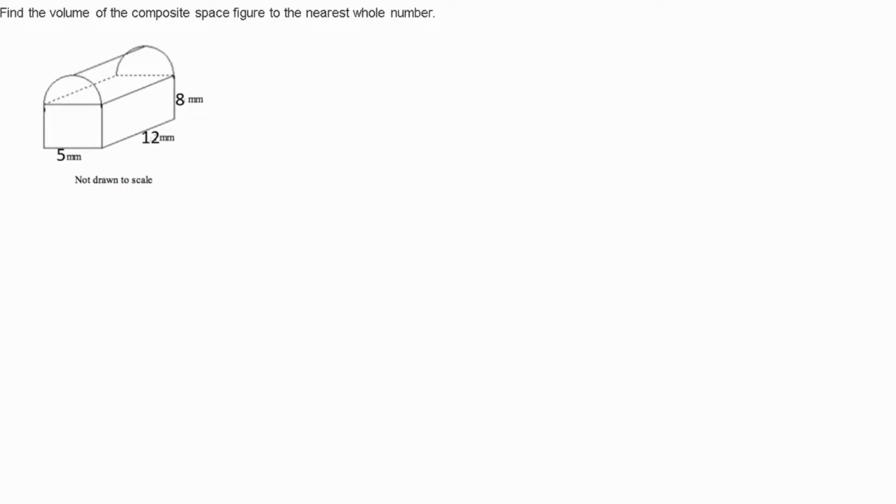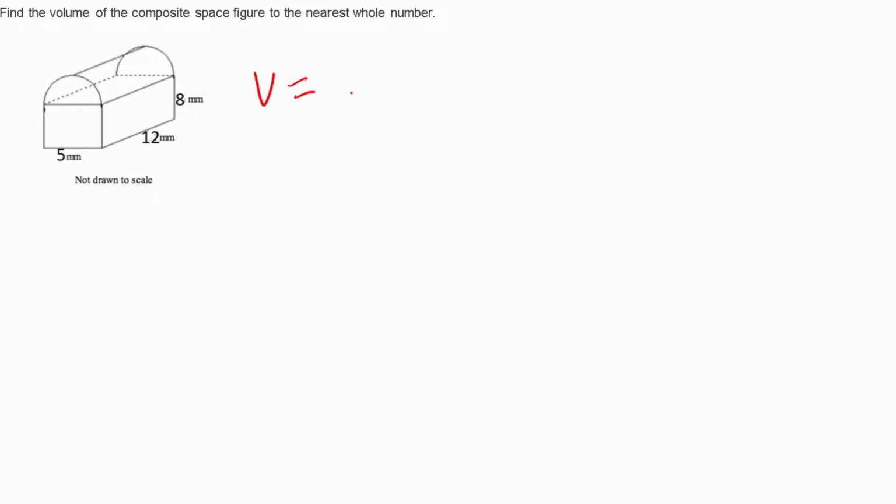Next up, find the volume of the composite space figure to the nearest whole number. So what we need to know about this is it's made up of two shapes. We have our bottom, which is a rectangular prism, and then we have our top, which is half of a cylinder. So we need to find two formulas.